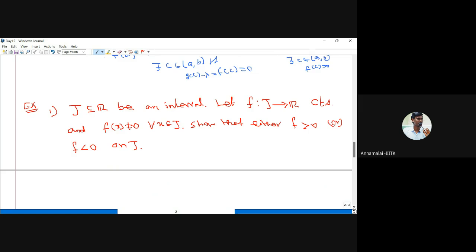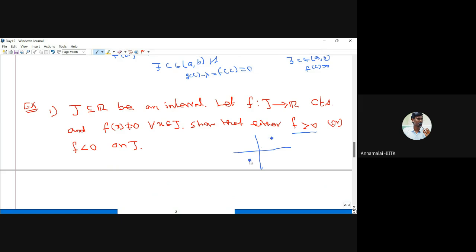What is given is that we have a continuous function, and that continuous function never takes 0. That means the function does not cross the x-axis. Suppose a function crosses the x-axis, then we have a solution. We have to prove that either f is positive or f is negative. Suppose both cases happen: one point takes a negative value, another point takes a positive value.